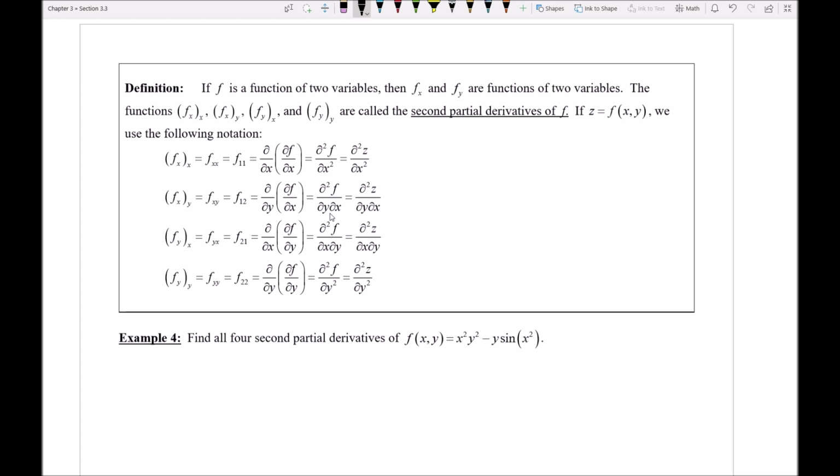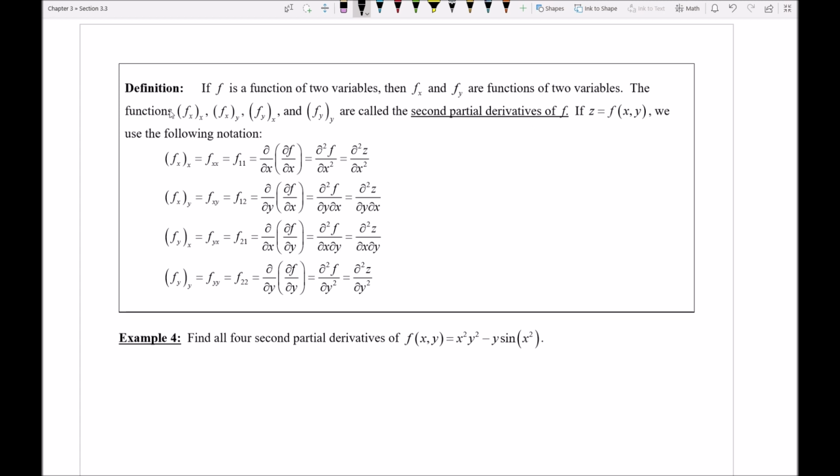But there are a couple things to make note of here. If I had started with a partial derivative with respect to x, I could then, for the second time I take the derivative, do it with respect to x again, or swap and go with respect to y. And it's the same thing if I would have started with respect to y. These are referred to as the second partial derivatives of f.